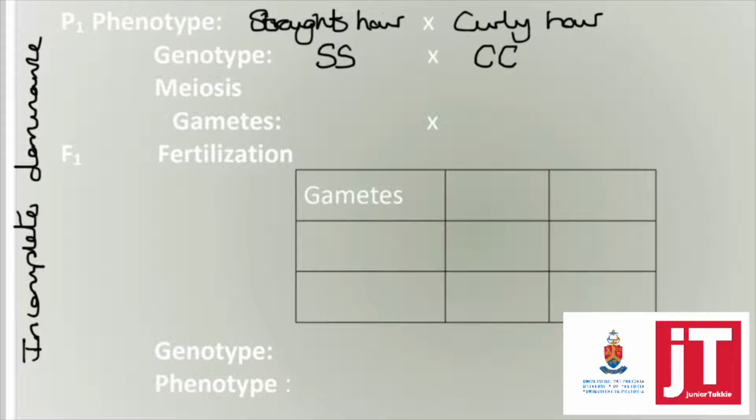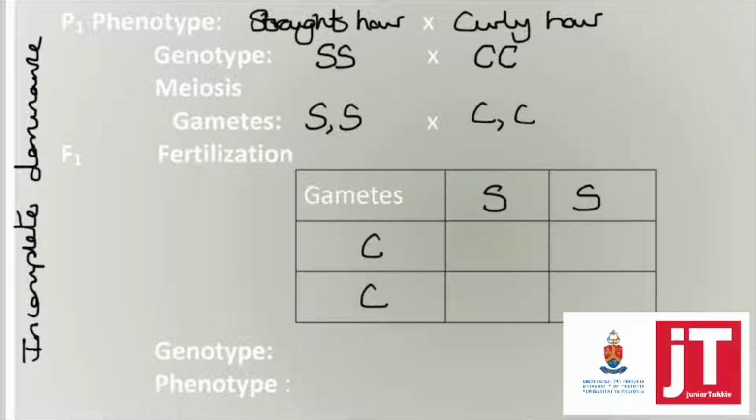Here we can see that the genotypic combination for straight hair is capital S in terms of the allele, and for curly hair we've got capital C. If we break these up into the possible gametes, we see there's only one possible allele for each of the gametes, for the one parent as well as the other.